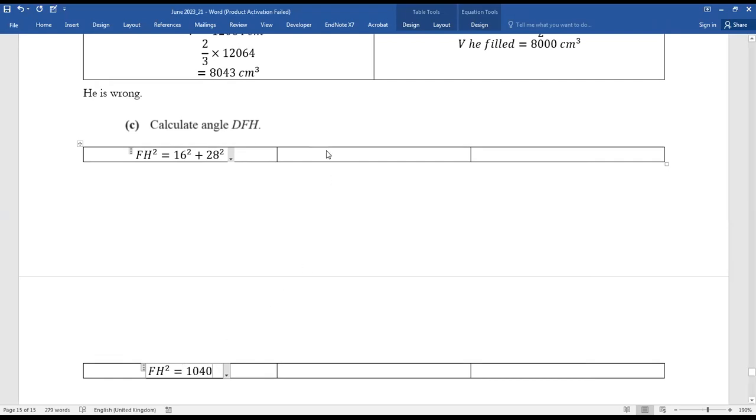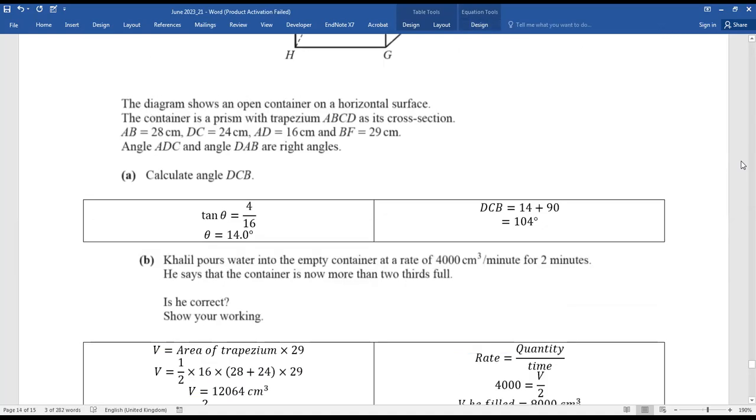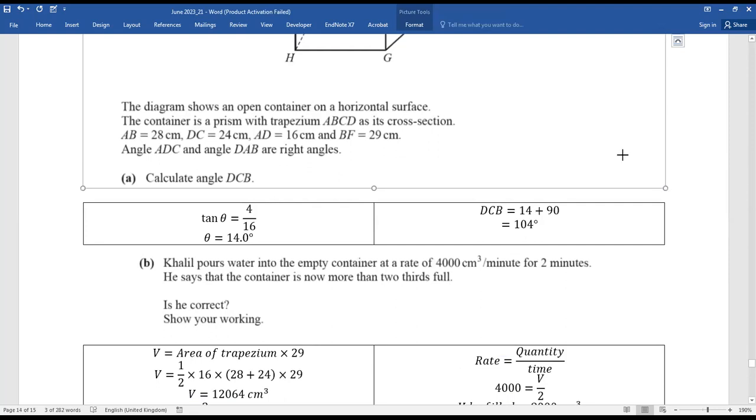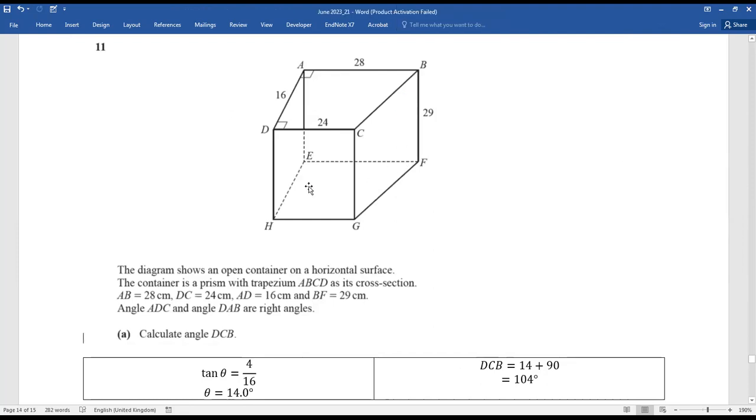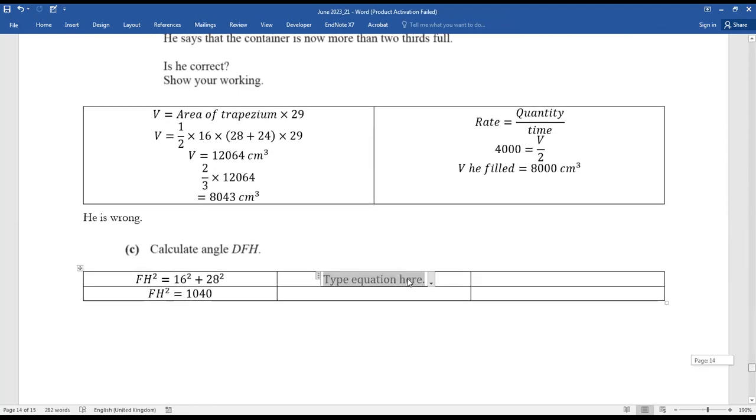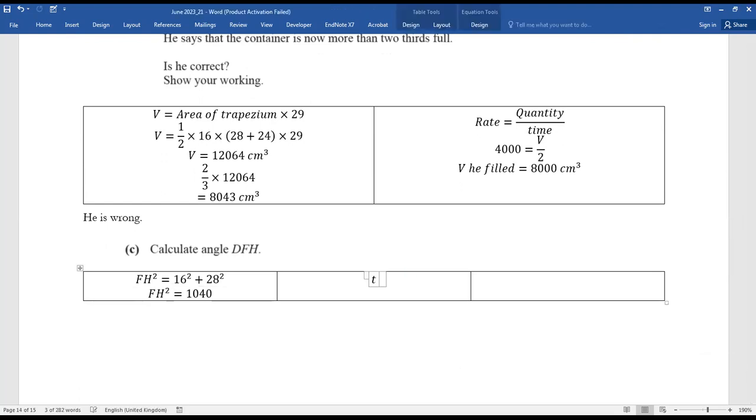Now I need to figure out angle DFH. I have FH with me now, and I know DH is 29. I'll just apply tangent now. Tan theta, opposite is 29 upon square root of 1040.